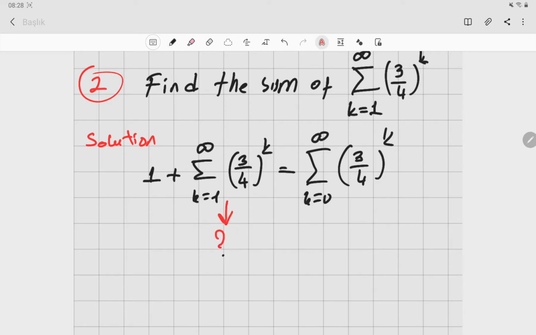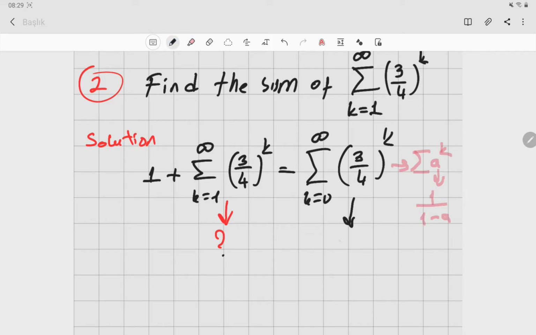Yes, and we may calculate simply this geometric series, which is convergent, because as you remember, for a geometric series a to the power k, if a belongs to the open interval (-1, 1), then this geometric series is convergent, and the sum is 1 over 1 minus a.